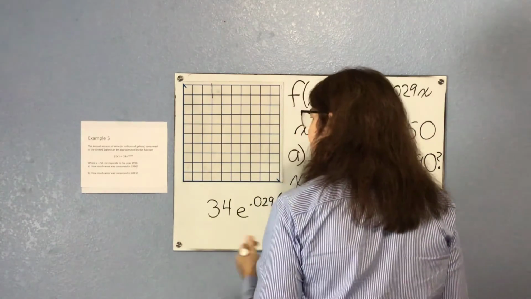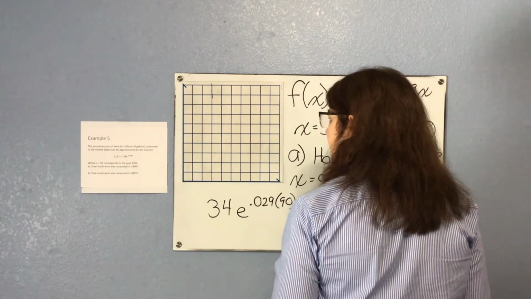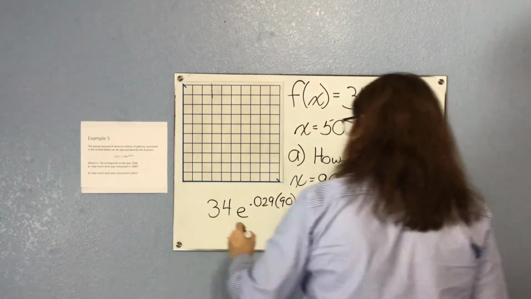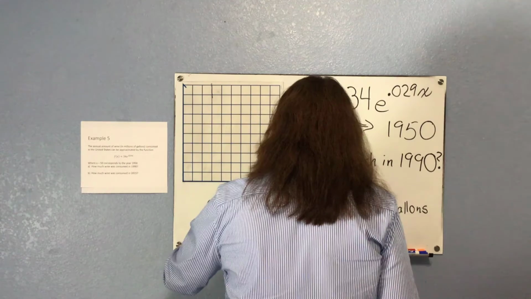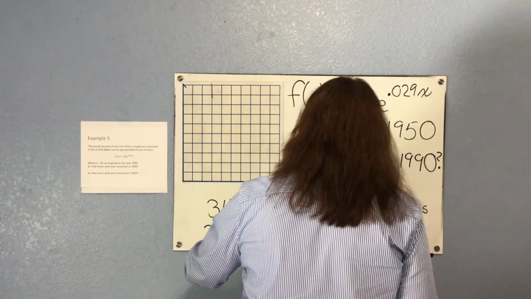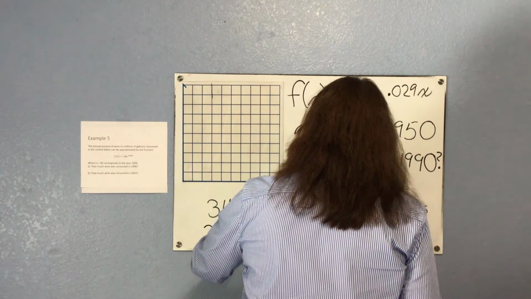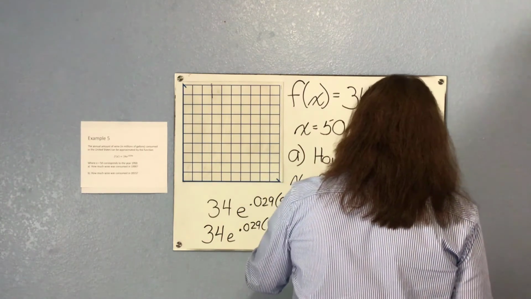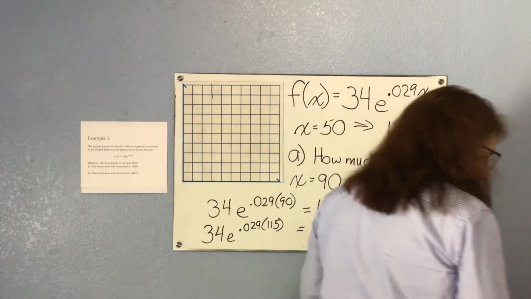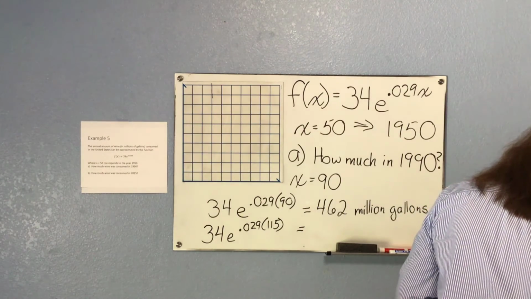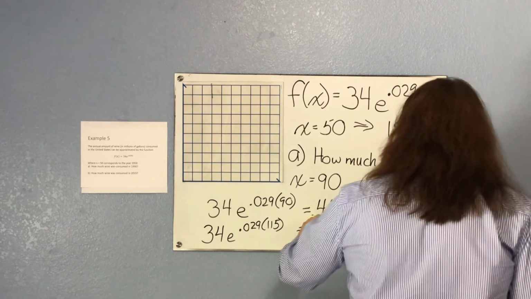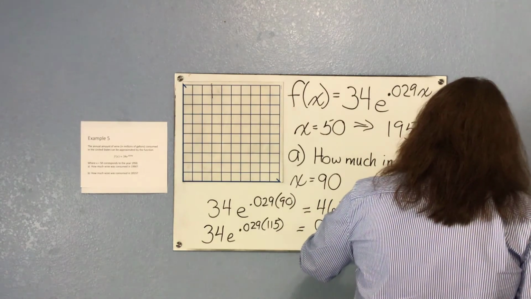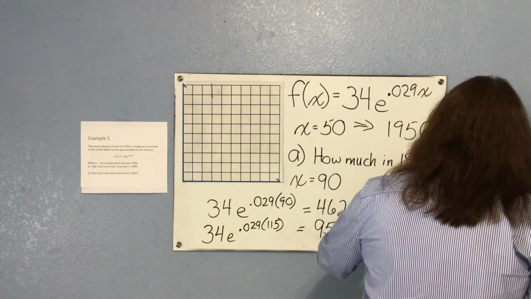And then they ask, how about the year 2015? Well, we have to think a little bit more there. If 1950 is 50, 2015 would be 115. So 0.029 times 115. And that gives us a value of 955 million gallons.